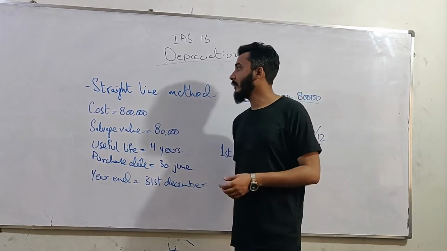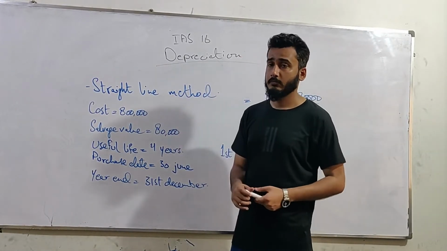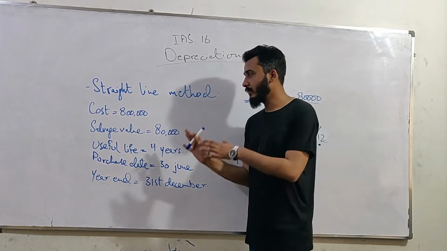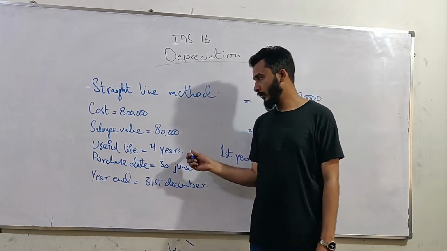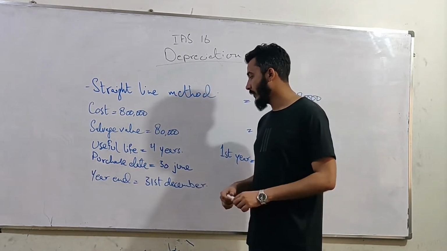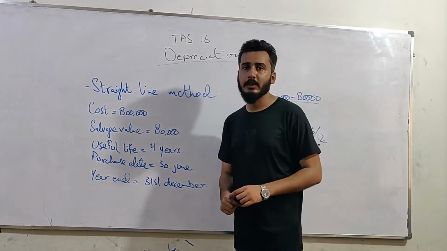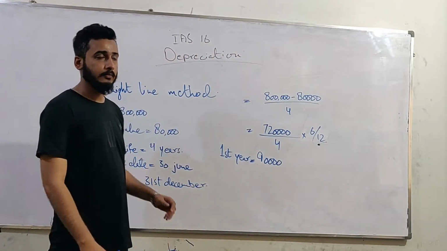Let us discuss how to calculate the depreciation using the straight line method. Assuming we have the cost of the asset 800,000, a salvage value of 80,000, and a useful life of 4 years. The purchase date is 30th June, and the year end of the company's accounts is 31st December. Now, how do we calculate this using the straight line method?